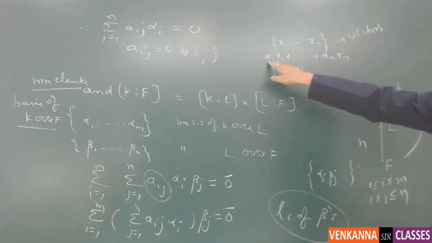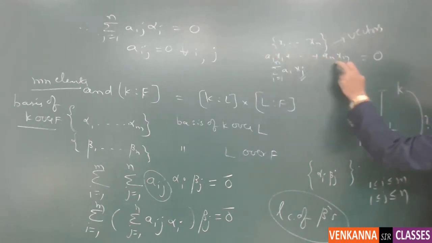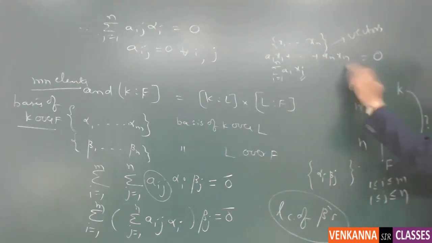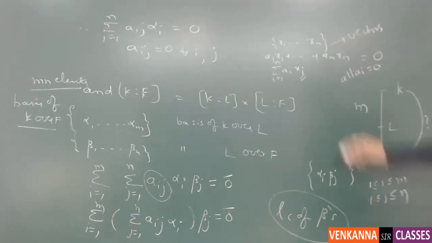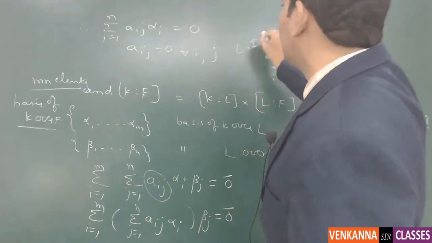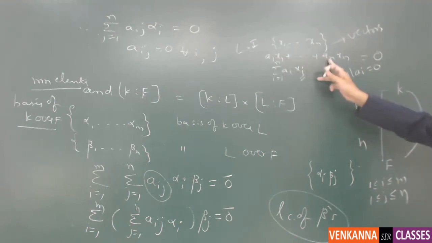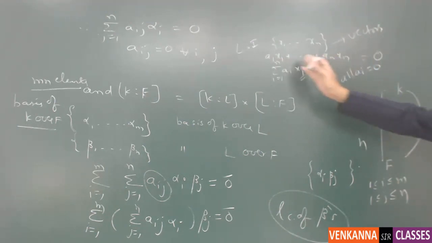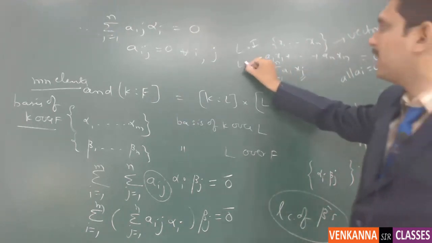So you take the sum of the products of scalar and vector. Whenever the result is equal to 0, then all the coefficients a1, a2, so on, an, whatever scalars you are taking, must be equal to 0. If that is the only possibility, then we say that this set is linearly independent. If the sum of these values is equal to 0, but some scalars a1, a2, an are non-zero, then this set is called linearly dependent.